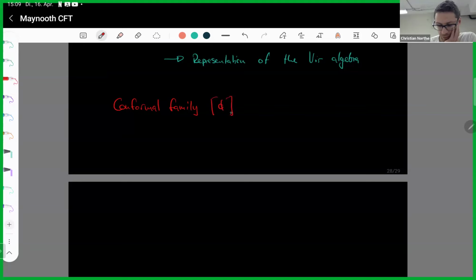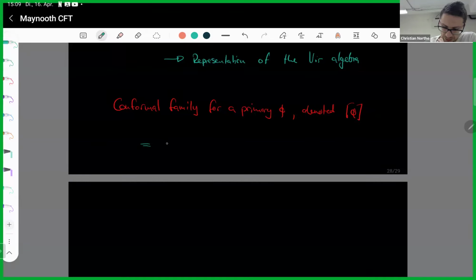And when I say conformal family for a primary field phi, what I mean by that is really just a shorthand for the primary state phi plus, as a set, all descendants.